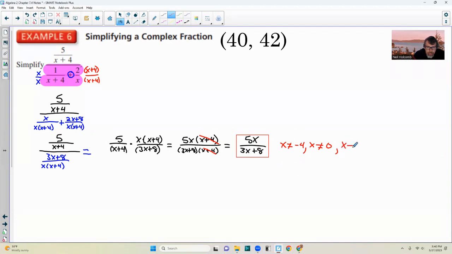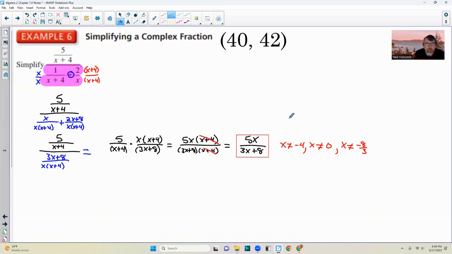Well, the book did not say this, but x cannot be -8/3, because 3 times -8/3 is -8, plus 8 is 0. Can't get 0, can't divide by 0. So x cannot equal -4, x cannot equal 0, and x cannot equal -8/3. So there is my final answer with my domain restriction.